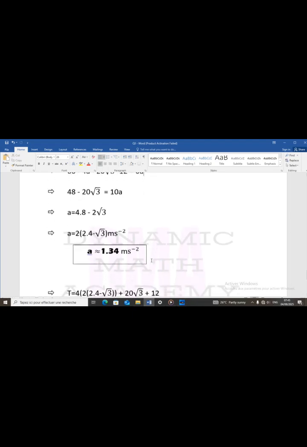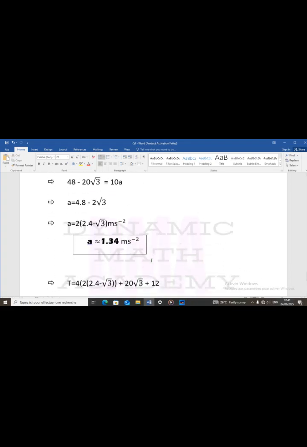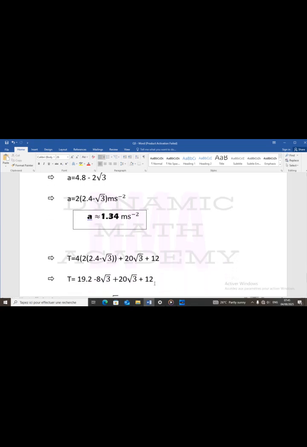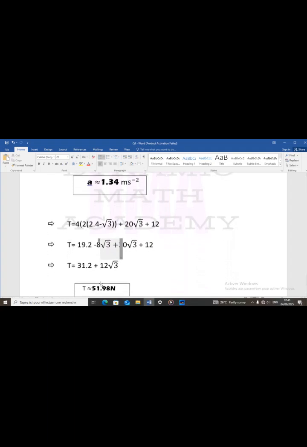Okay, now let us go further and look for the tension. To have the tension, you just substitute that acceleration into any of the equations. So the tension will be equal to 4 times (2.4 minus root 3) plus 20 root 3 plus 12. And if you do this, your tension force will be equal to 51.98. Now, you have to compare this tension force with the first tension force.